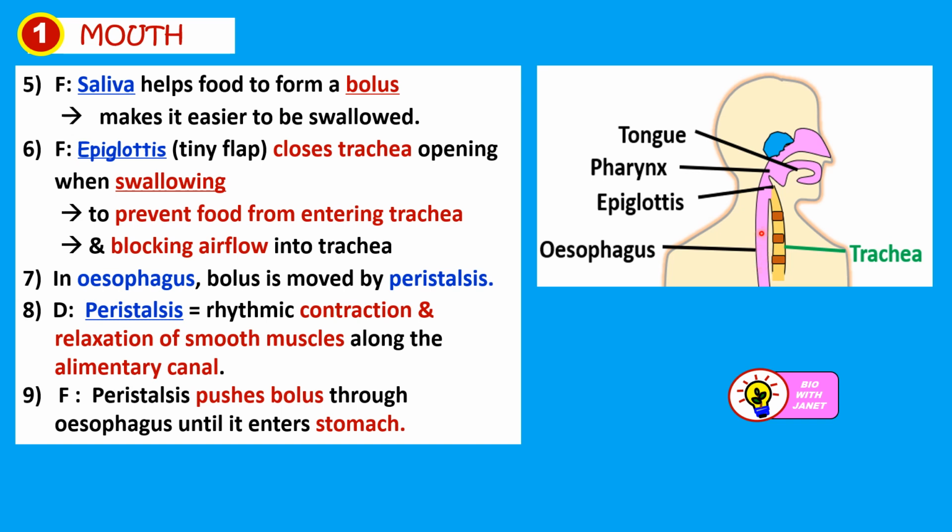So to move the food downwards, the smooth muscles must contract above the food. Above the food, the smooth muscles will contract to push the food downwards. The function of peristalsis is to push the bolus through the esophagus until it enters the stomach.